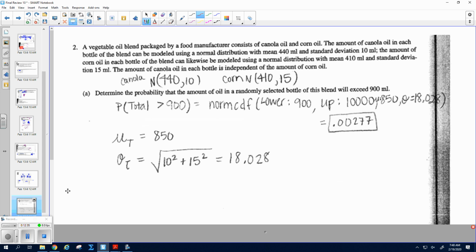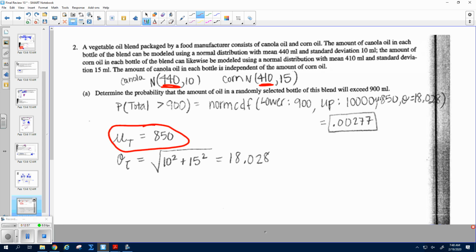I think you guys have seen this one before, so I apologize if this feels repetitive, but hopefully you remember how to do it. So the first one's talking about the total in the bottle, the canola oil and the corn oil total. When you add the means, you just add the means. So I got mu of T is 850.